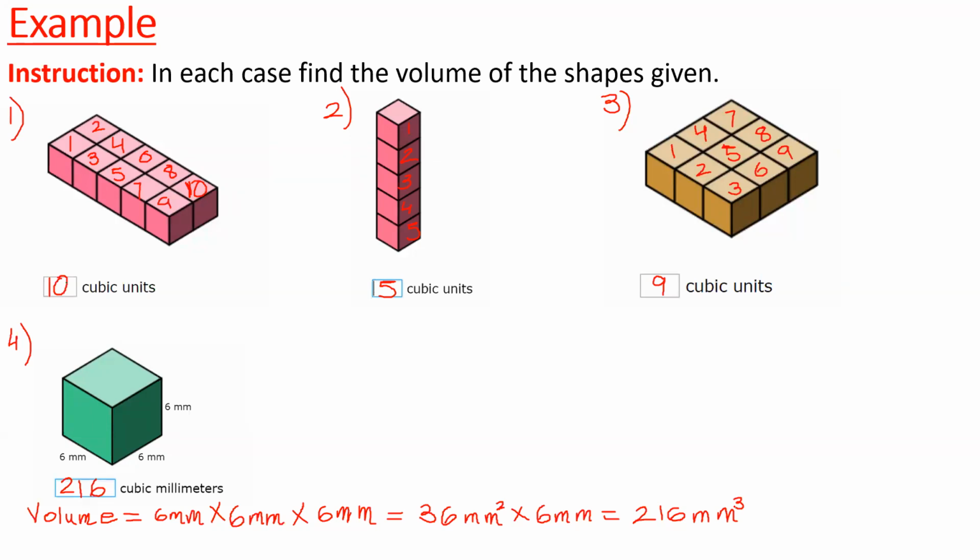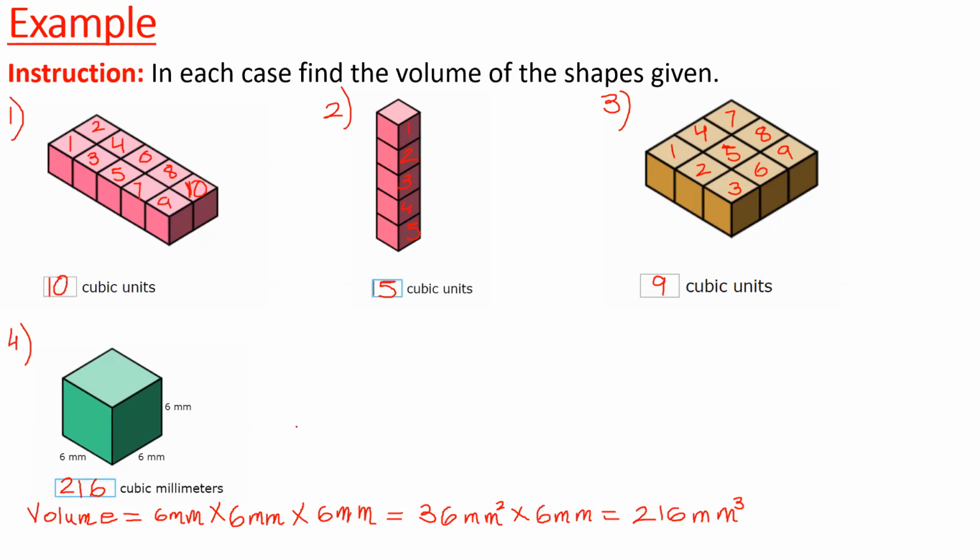The length and width are both 6, and you multiply by another 6. So 6 times 6 is 36, multiplied by another 6 gives you 216 millimeters cube. Very good.